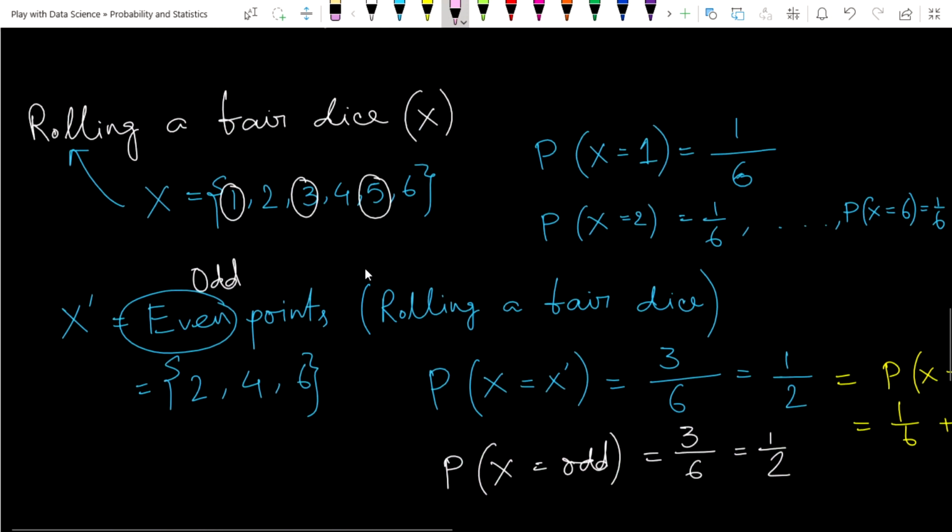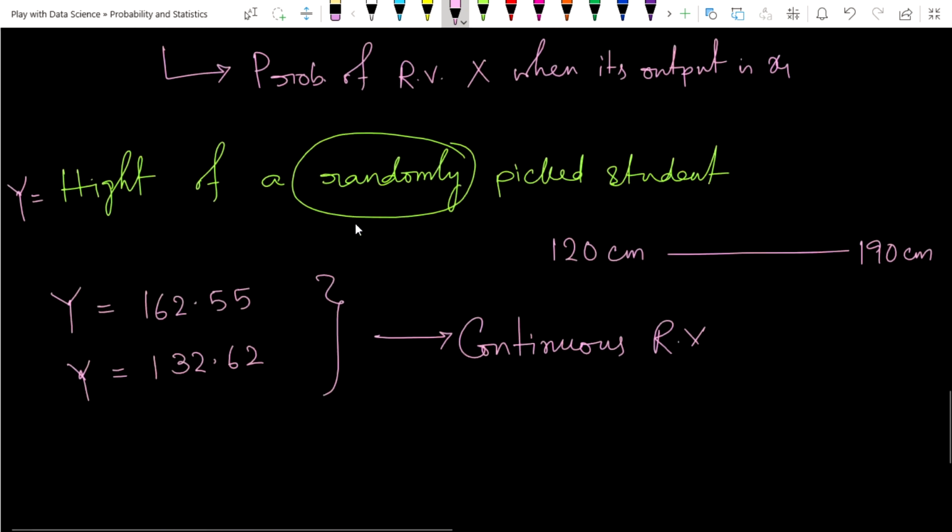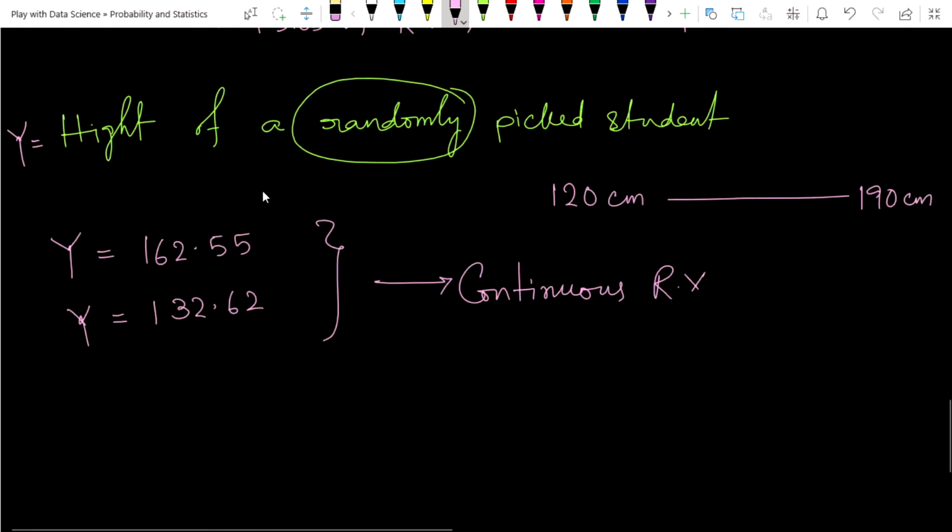Because of that, this kind of random variable is called a discrete random variable. But here we cannot count the outcomes of this kind of random variable, so it is called a continuous random variable.